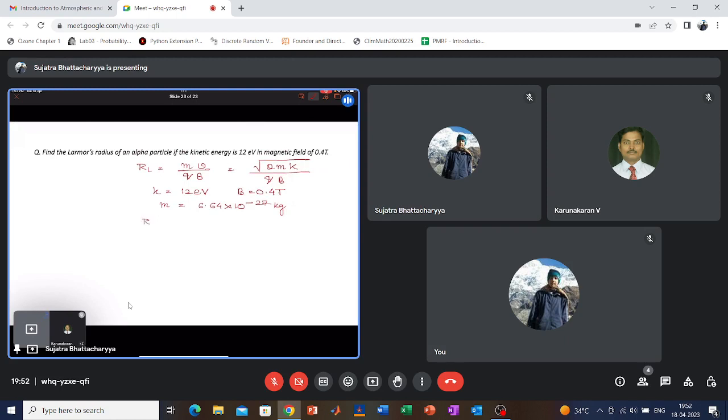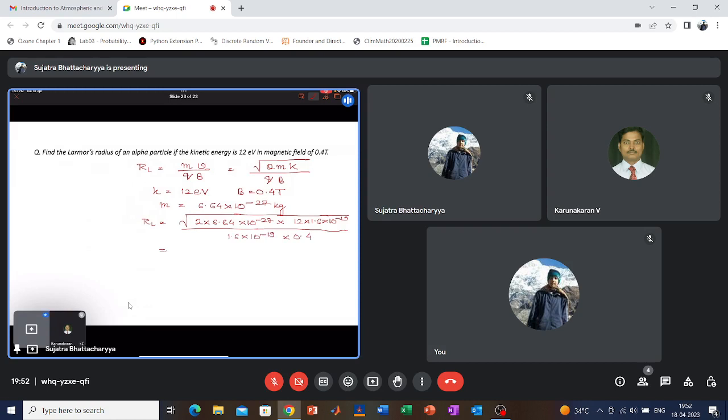So RL will be equal to root over 2 into 6.64 into 10 to the power minus 27 into the kinetic energy, 12 into 1.6 into 10 to the power minus 19, divided by Q, that is 1.6 into 10 to the power minus 19 into 0.4 Tesla. You just calculate it out.